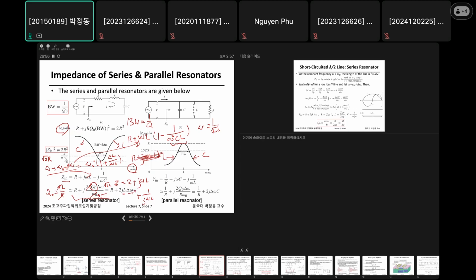Using this relation, you can see the bandwidth is 1 over Q0, and therefore this is what Q0 is: omega 0 over delta omega.